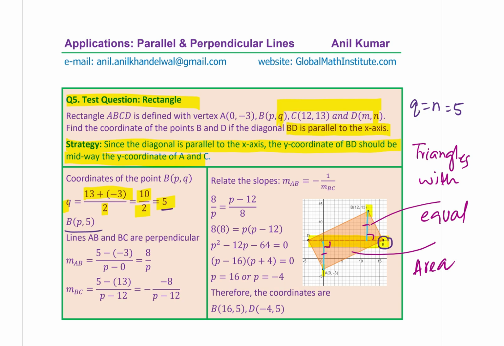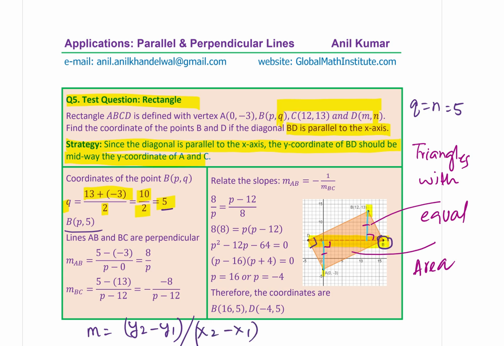The second part is that we know that these two sides will be at right angles. Since they are at right angles, we can find the slope of AB and BC. They are perpendicular, and we can relate these slopes with the negative reciprocal. Slope A to B is y2 minus y1 over x2 minus x1.